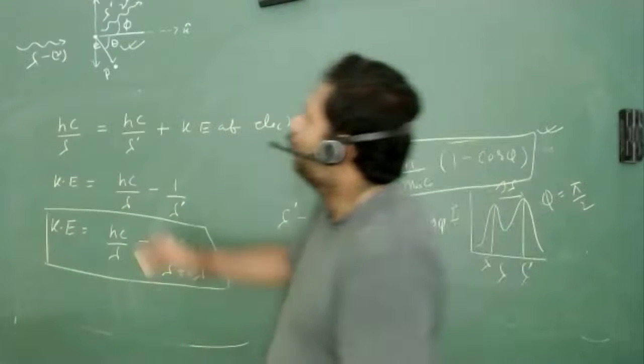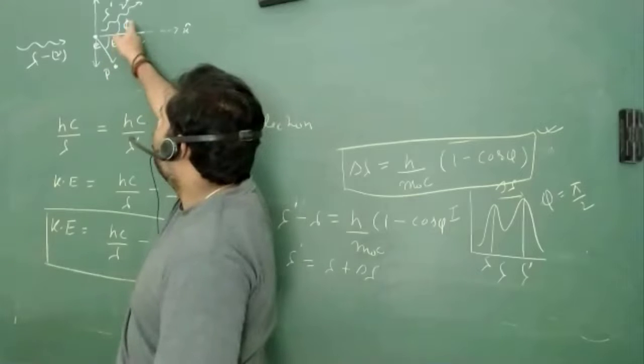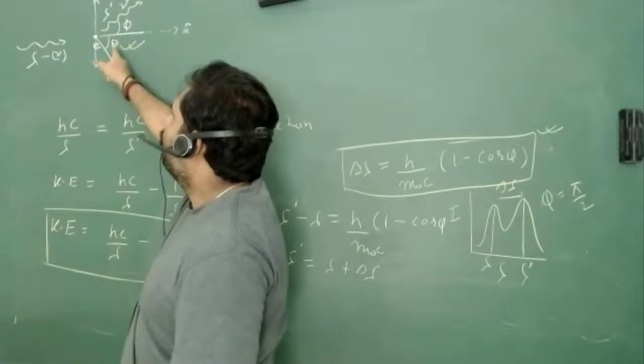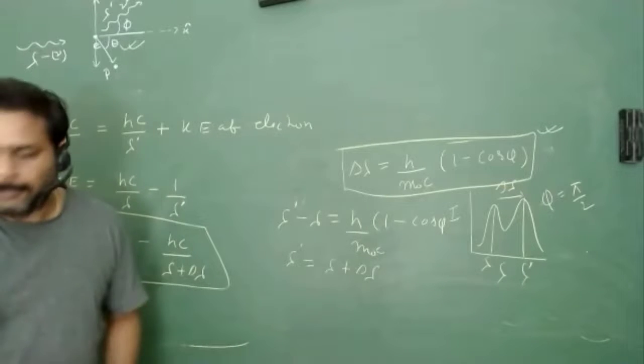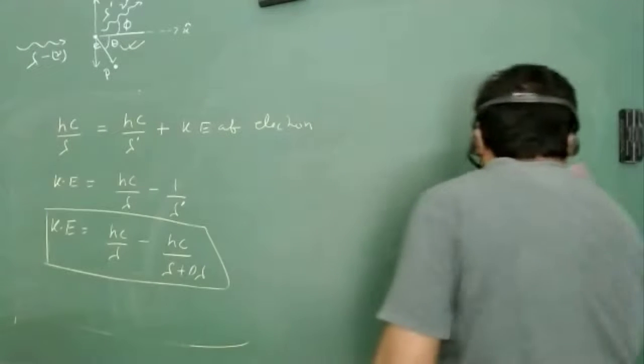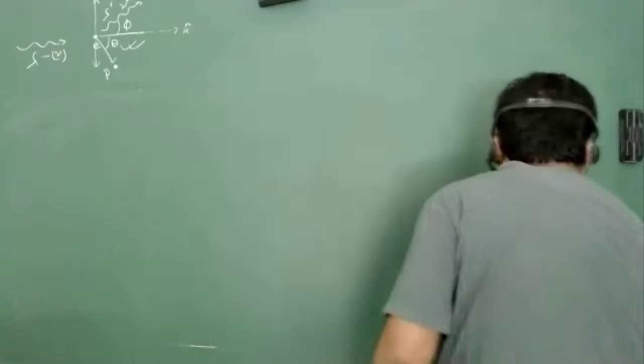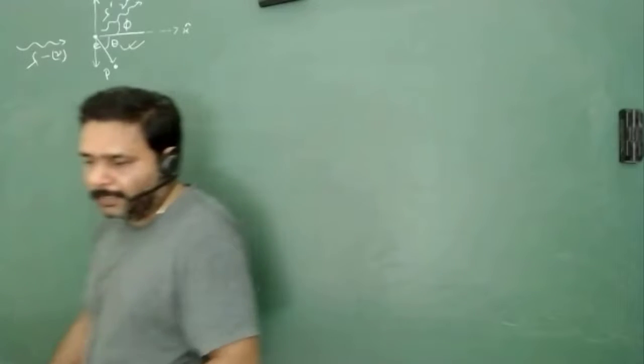Second thing, what will be the recoil angle if phi is given? If phi is given, what will be the angle theta? Let's try to find this. To find this, we will go for the conservation of momentum expression.